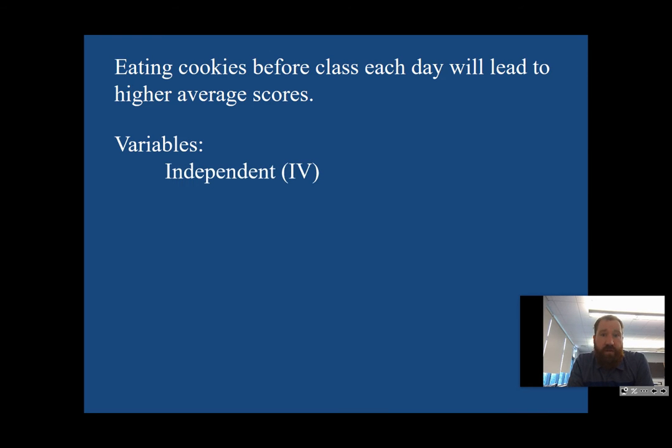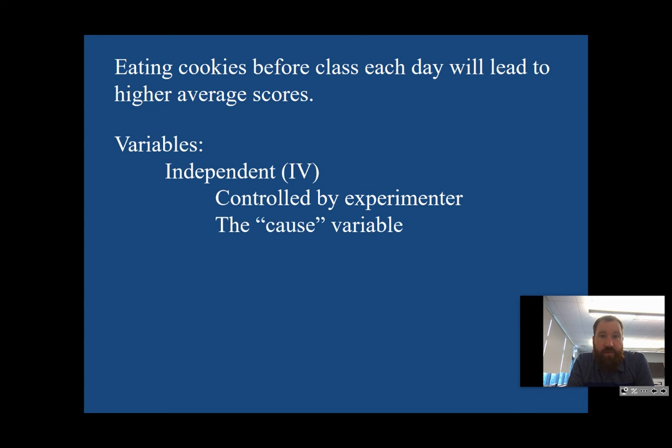So the independent variable is the variable that's controlled by the experimenter. It is the cause variable, right? It's the thing that shows the cause. So in our example, what is causing the change that we want to study? Eating cookies, right? Eating cookies is the independent variable in this case.